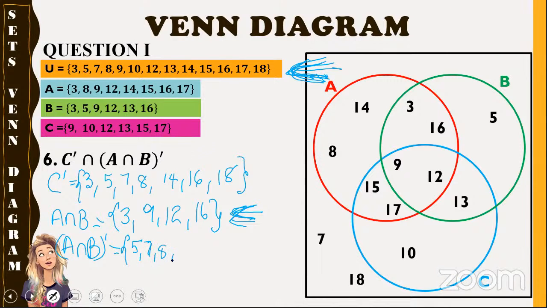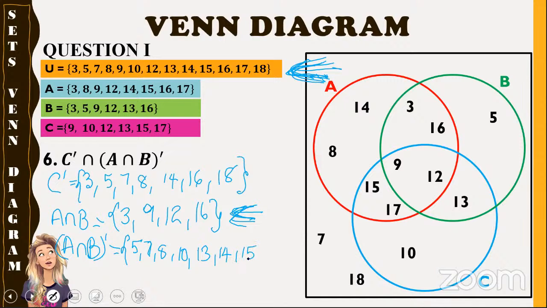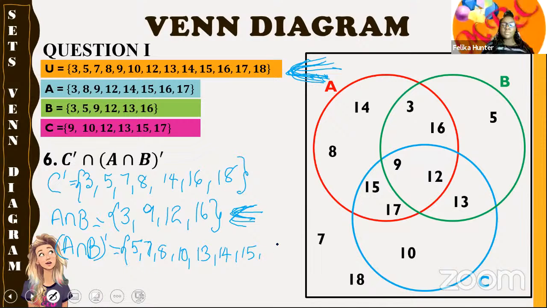Then 10, then 13. What about 14? Then 15, then 17, then 18. All right, good.